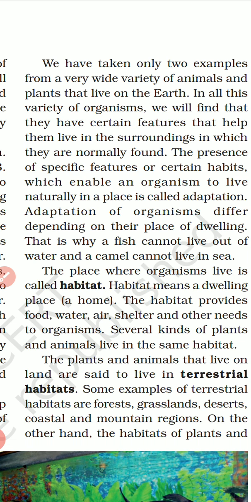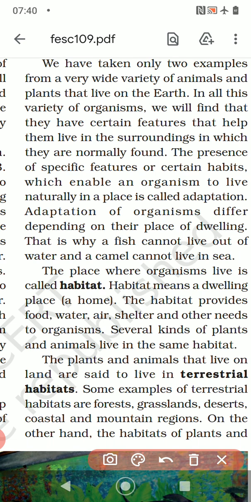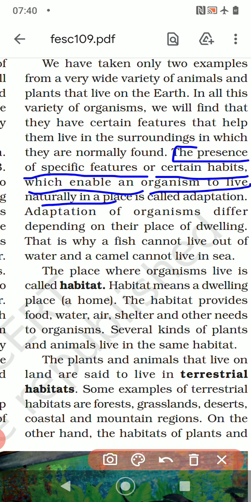Please underline, this is the definition: the presence of specific features of certain habitats which enable an organism to live naturally in the place is called adaptation.